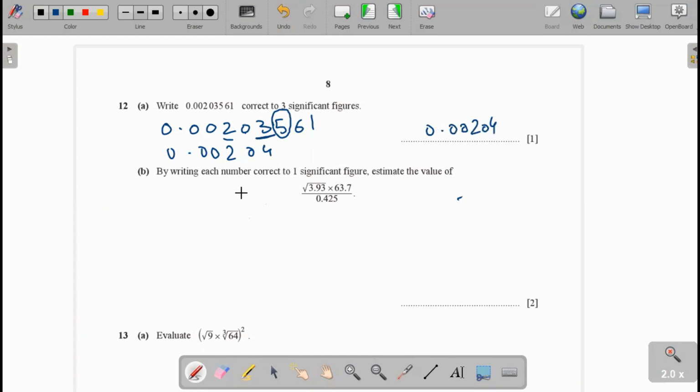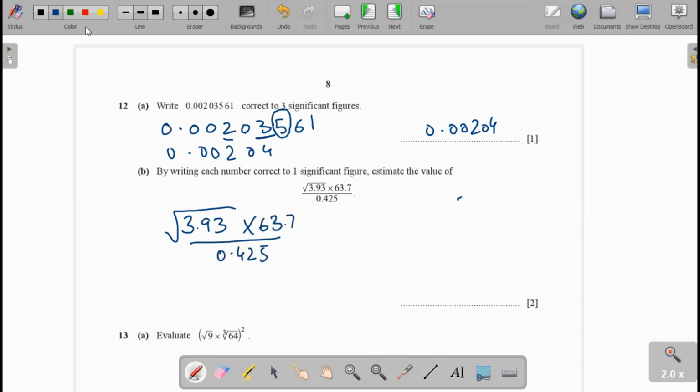Next part. By writing each number correct to one significant figure, estimate the value of the square root of 3.93 multiplied by 63.7 over 0.425. Now we write square root of this, multiply 63.7, divided by 0.425.